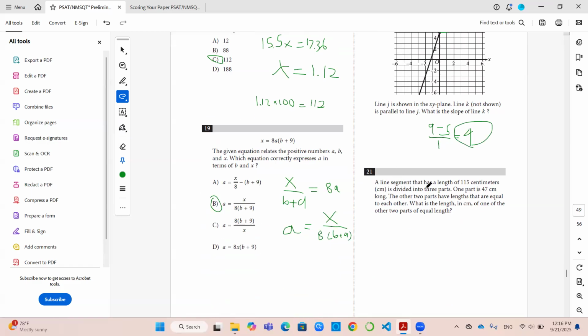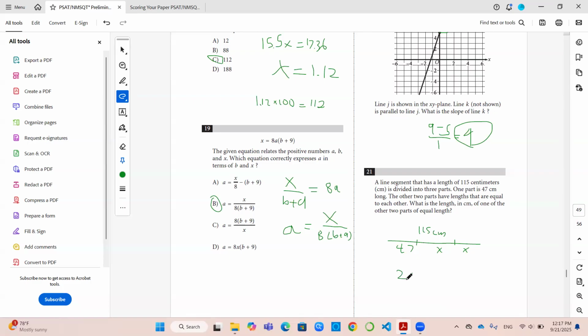A line segment that has a length of 115 centimeters is divided into three parts. One part is 47 centimeters long. The other two parts have lengths that are equal to each other. So just a graphical visualization. What is the length in centimeters of one of the other two parts of equal length?